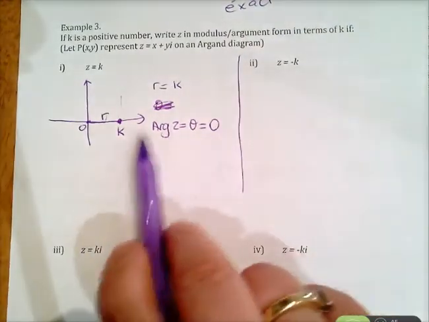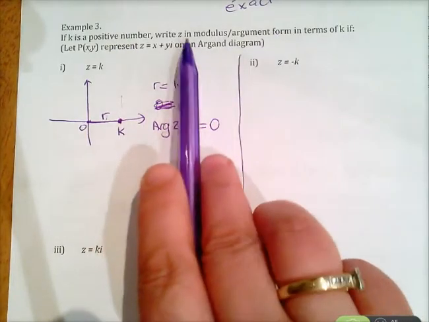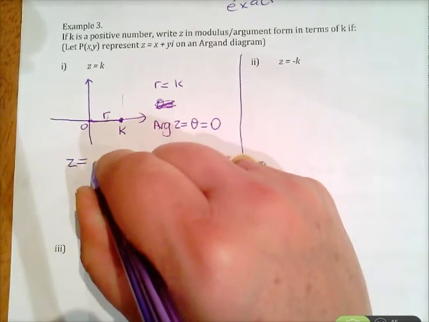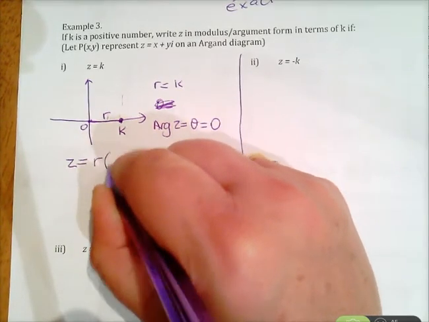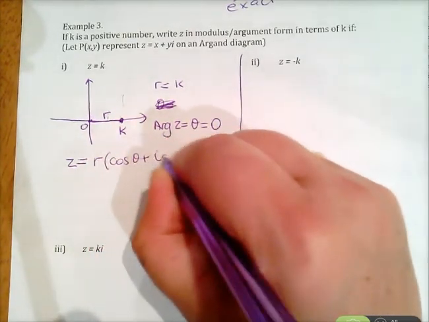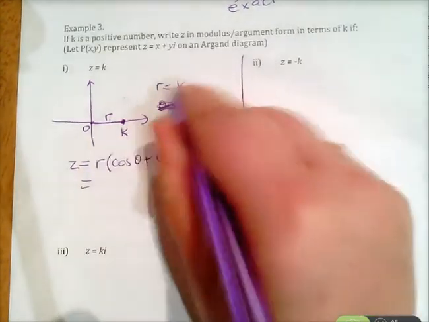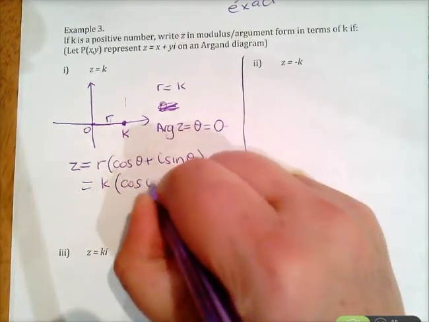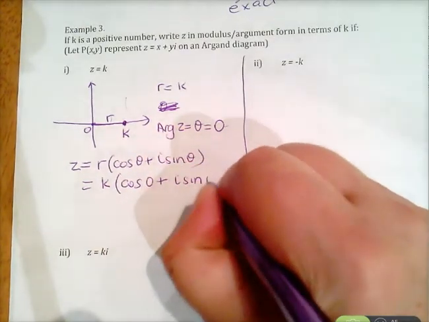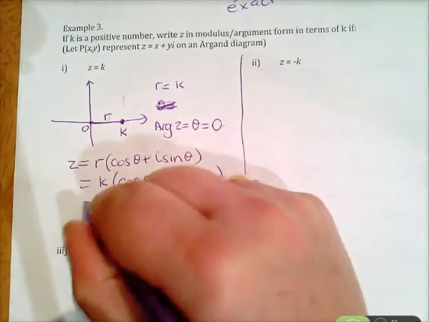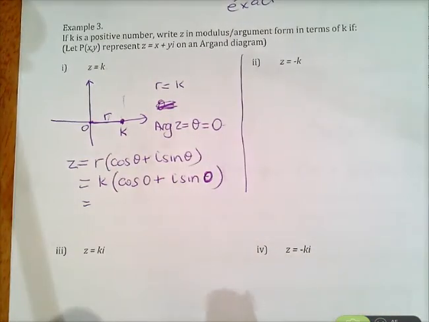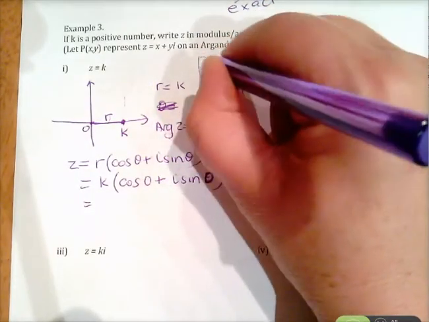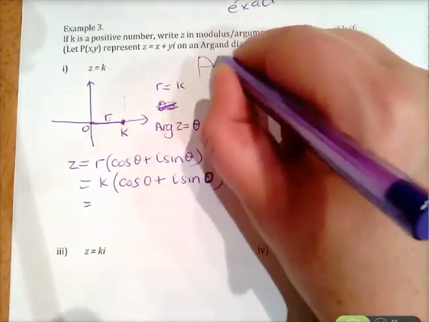So if I write z in mod arg form, it's z equals r cos theta plus i sine theta. Well, what does r equal? It equals k, and the angle is 0, so it's cos 0 plus i sine 0. Now we know that cos 0, if you draw a cos curve, cos 0 is 1.